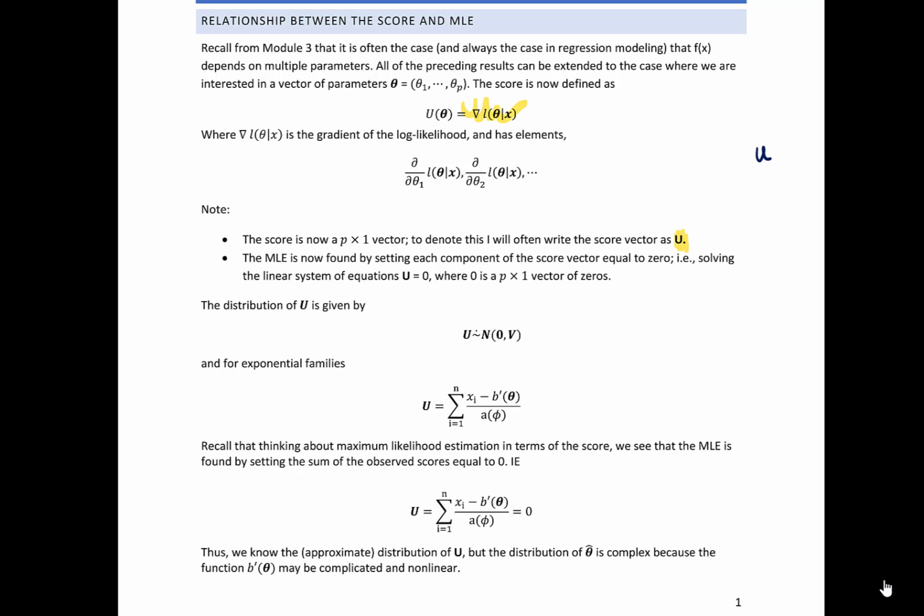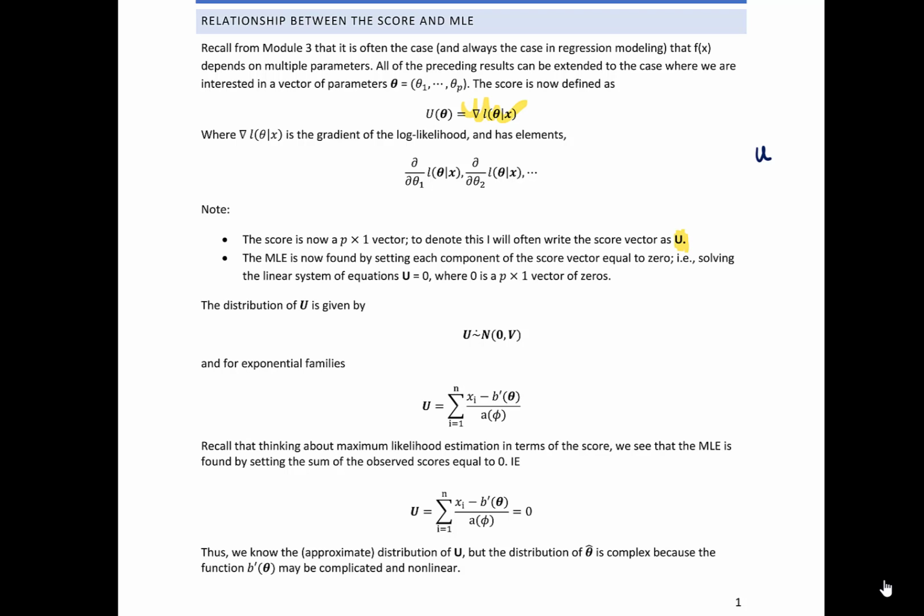And recall that in thinking about maximum likelihood estimation in terms of the score, the MLE is found by setting the sum of the observed scores equal to 0. We saw this when we first defined the score function back in Module 3. We talked about how we could look at the distribution of the score, and then use that to get the distribution of the MLE.